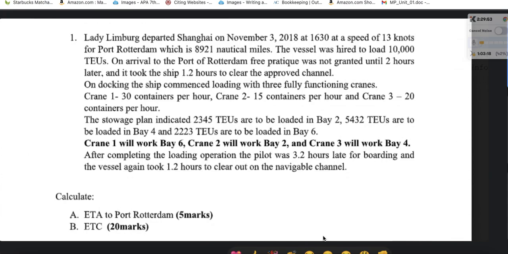And then now crane 3 is loading 20 per hour, and it is in Bay 4, and Bay 4 has 5,432 TEUs. Remember, ladies and gentlemen, that Miss Clark did these questions in class.